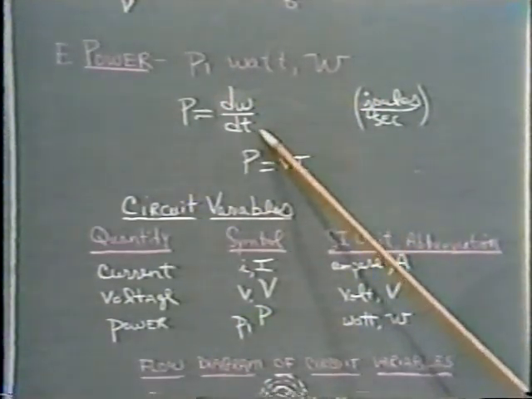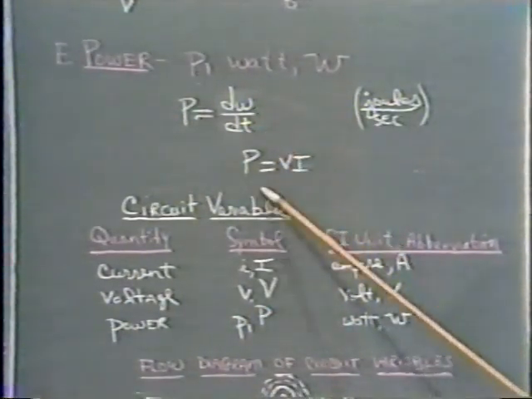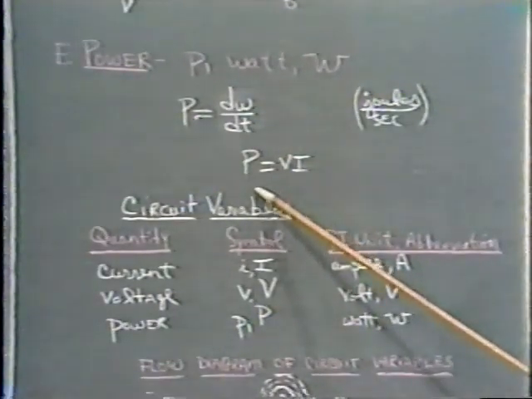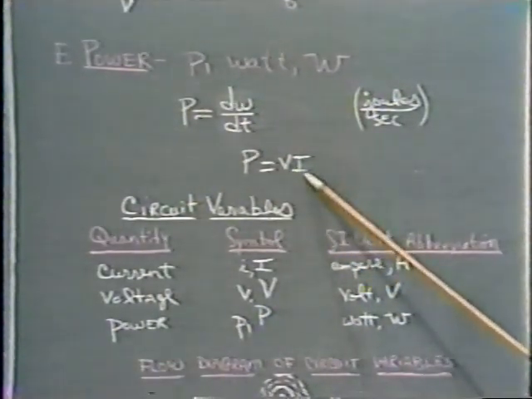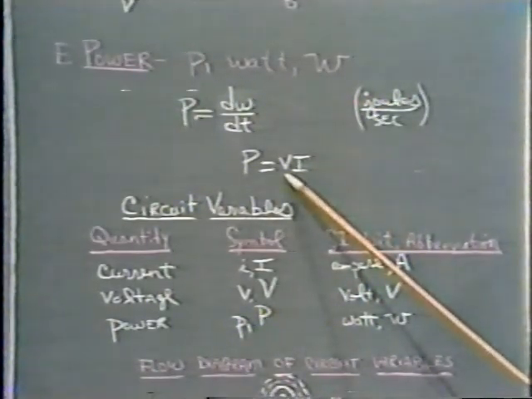If you expand this definition of the time rate of change of energy, we can find that an equivalent definition of electrical power can be made in terms of voltage and current. And when we say voltage, we're referring to the voltage across the device that is dissipating the power.